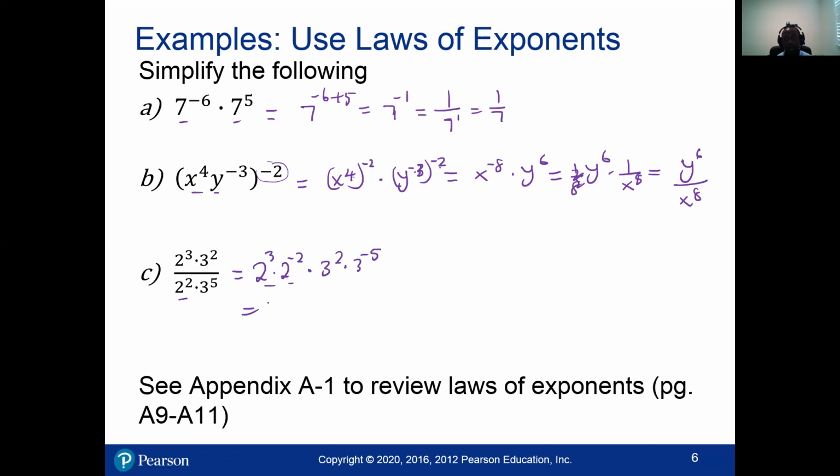That becomes 2 raised to 3 minus 2, which is 2 raised to 1. Then times 3 raised to negative 3. Of course, we don't want to have a negative exponent, so this becomes 2 times 1 over 3 raised to the third. And that is 2 over 27. Okay, and that is your final answer.